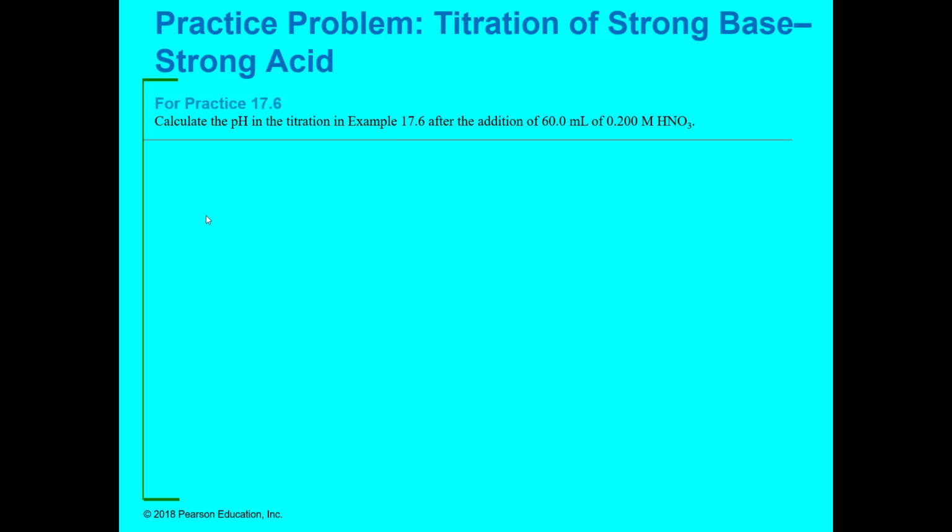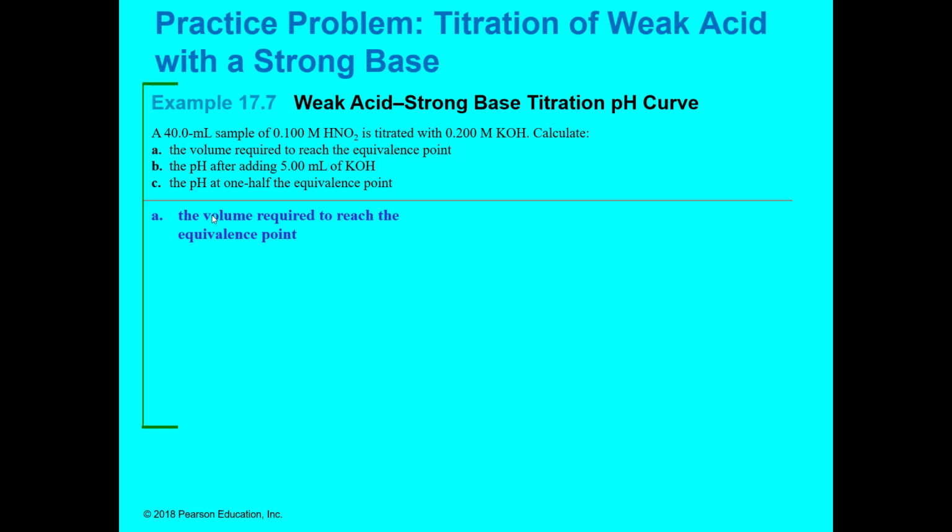Figure out how many moles, see what you've got left, find the concentration of the H3O plus this time, okay? And then, because this time you're adding more of the acid than you are the base, the acid is what you're going to have left over. Okay, so that's when we've just added some.